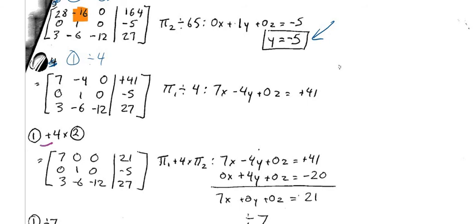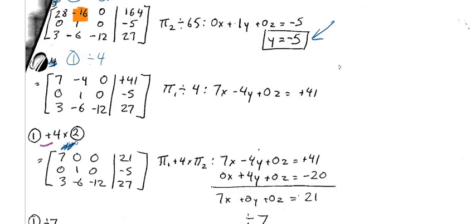Now essentially what that is, we're going to take each of these, and we're going to just add in 4 times whatever is in row 2. So in this case, for the x's, it's 7 plus 4 times 0.